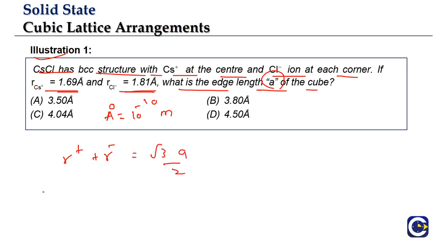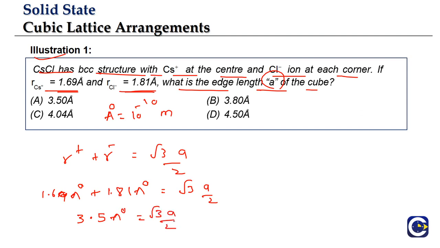So what is R plus value? 1.69 angstroms. What is R minus value? 1.81 angstroms, is equal to root 3A by 2. So 1.69 plus 1.81, this will be 3.5 angstroms, equal to root 3A by 2. So we are looking for A value.